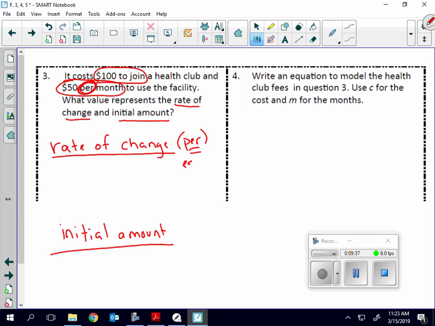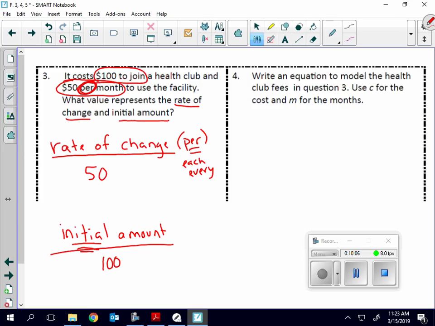Per, each, every. If it says any of those things or something that means any of those words, that's your rate of change. So our rate of change is 50. Therefore, our initial amount is 100. And that should make sense to you. If it costs 100 to join, isn't that an initial amount, the beginning amount, initial? So those are the answers for number 3.